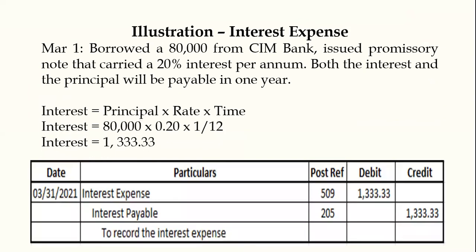So remember na ang mayroon tayong formula, no? Na-discuss na natin siya sa business mathematics. Interest is equal to principal times rate times time. So sabi nung March 1, tayo daw ay nangutang kay bangko ng 80,000. Nag-issue tayo ng promissory note. So it means nung March 1, mayroon tayong record dito na cash, debit, 80,000, and then credit to notes payable, 80,000.